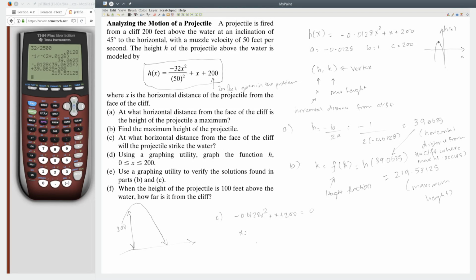And we can use the quadratic formula, which is minus b plus or minus the square root of b squared minus 4 times a times c, divided by 2 times minus 0.0128.